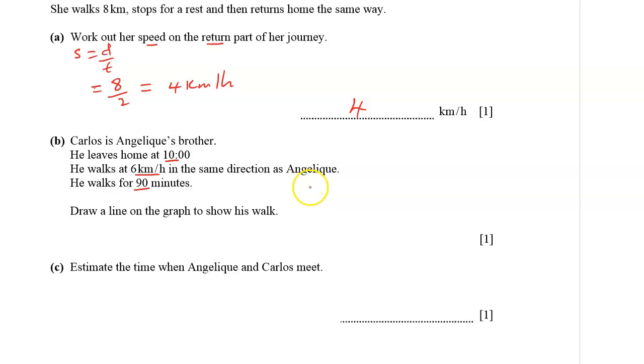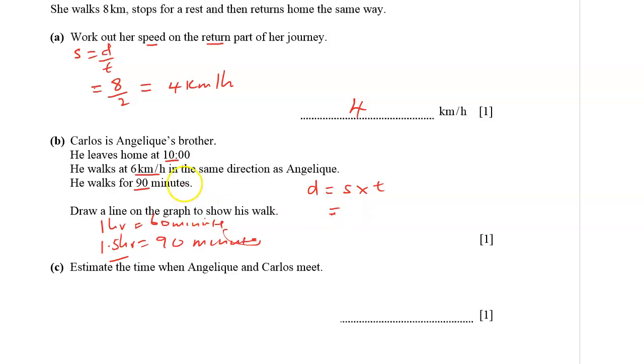the distance he's walked. We know that distance is equal to speed times time. So speed is 6 kilometers per hour. He walks for 90 minutes, so you change 90 minutes into hours. 1 hour is equal to 60 minutes, so 90 minutes will be 1.5 hours.